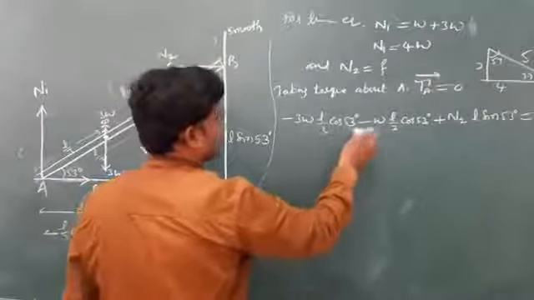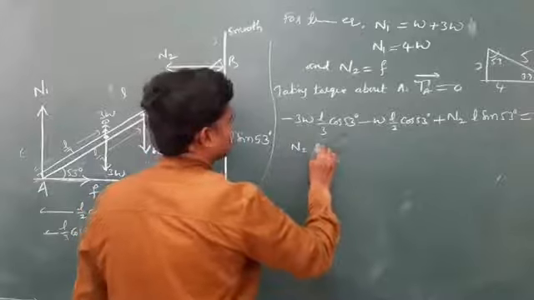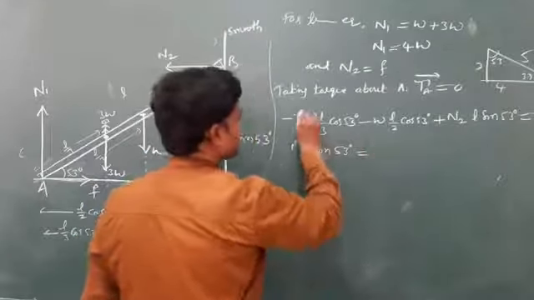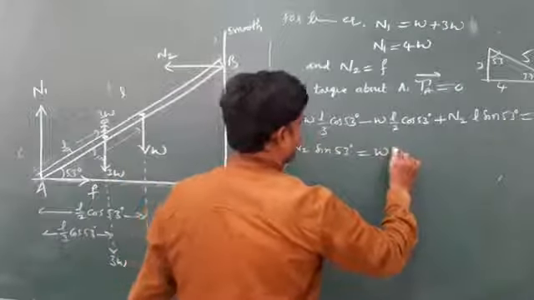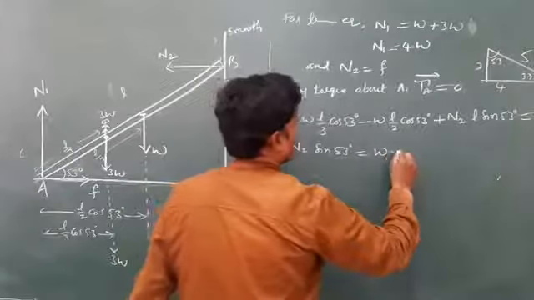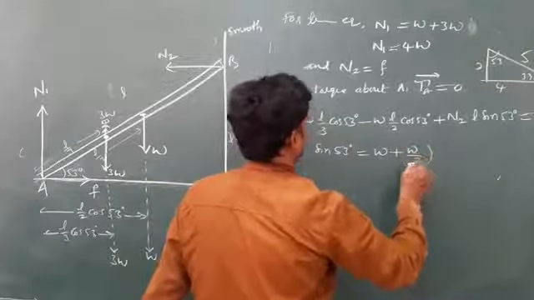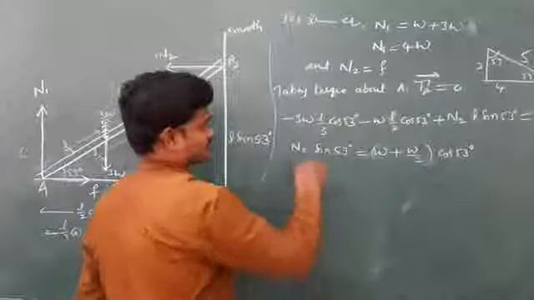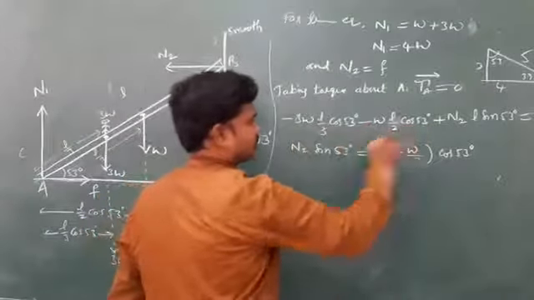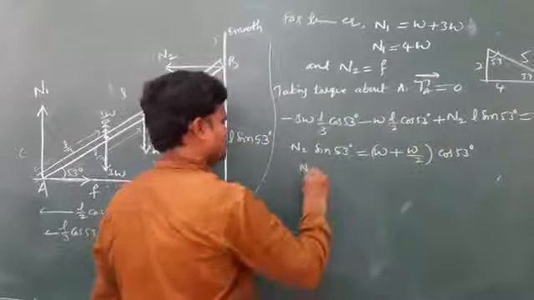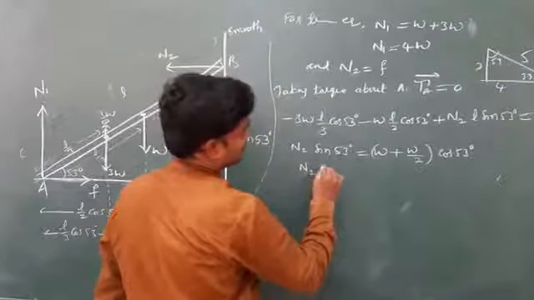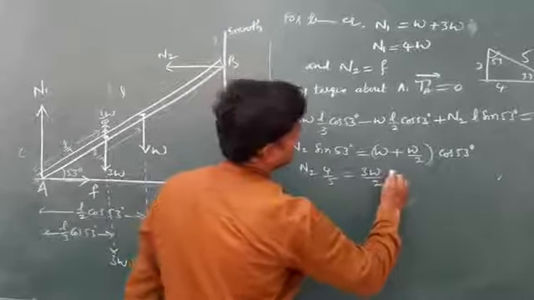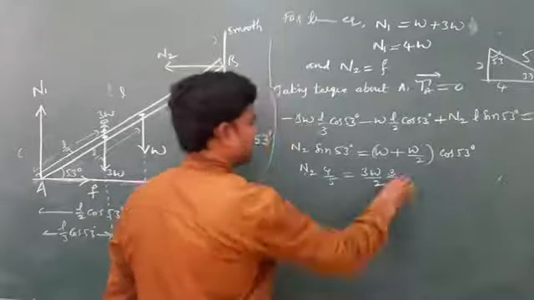Okay, and write this one. N2 sin 53 is equal to W plus W by 2 cos 53. Here sin 53 is 4 by 5 and cos 53 is 3 by 5.